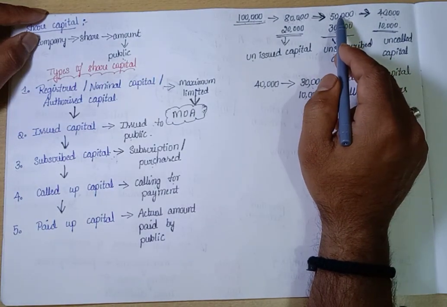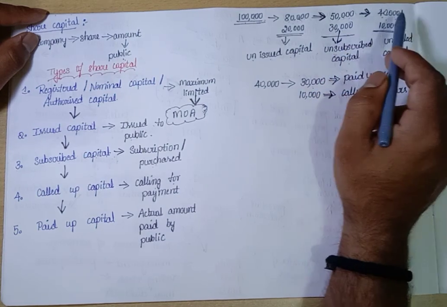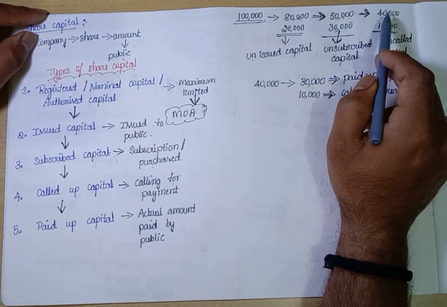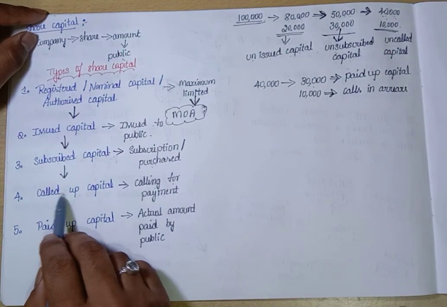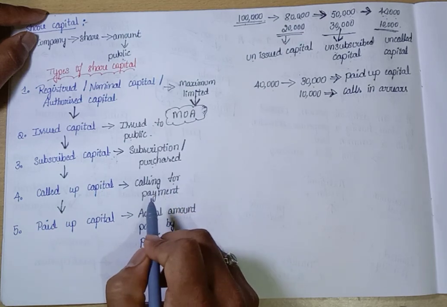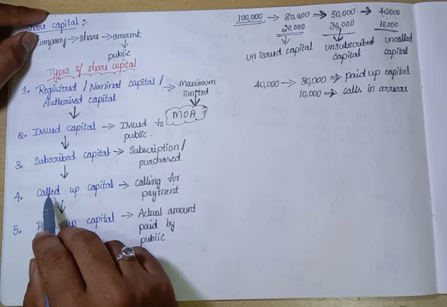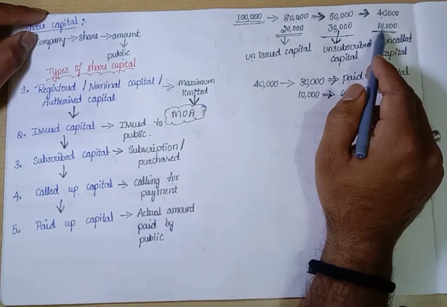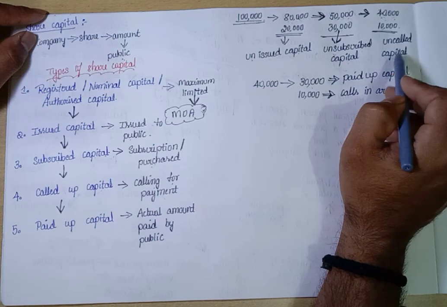Then out of this 50,000 purchased applications, we are asking the public to pay 40,000 immediately, and that is called called up capital. So we are calling for payment from the public out of this subscribed capital. The remaining 10,000 we will ask in future; till then it is uncalled capital.